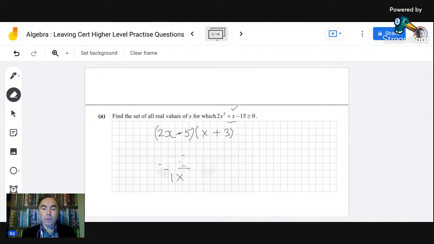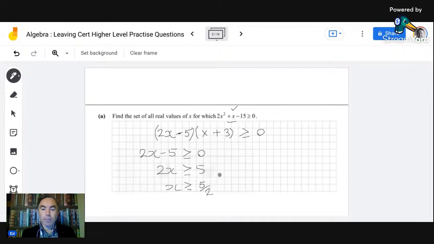I know students can do this, but some students may struggle with factorization. Now we're going to retain our inequality symbol here, and we're going to have to check that at the very end. So the first factor, 2x minus 5, will give a root: 2x is greater or equal to plus 5, and x is greater or equal to 5 over 2.